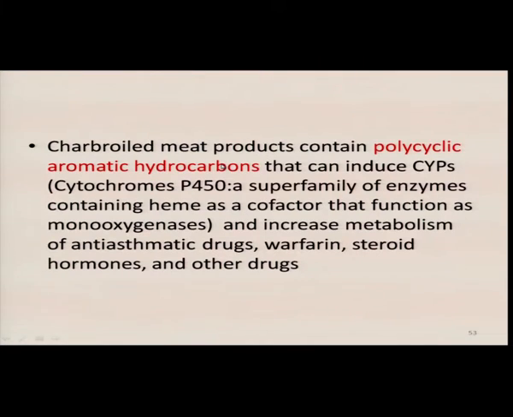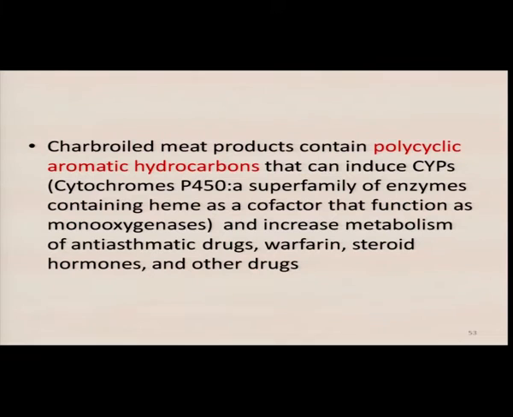Charboiled meat products contain polycyclic aromatic hydrocarbons. Now, PAH, the presence of polycyclic aromatic hydrocarbons and their negative effects have been very well known for ages. So, what happens here is that when PAH is present, they will activate CYPs. CYP is the cytochrome P450 family.